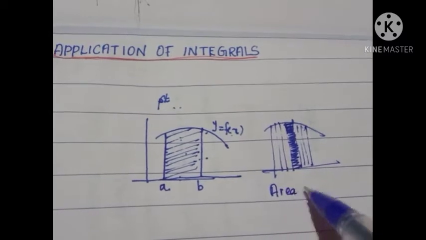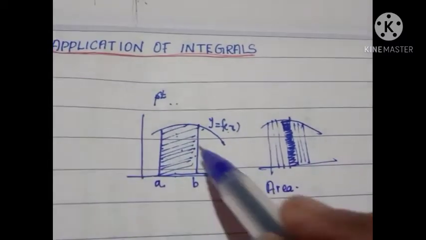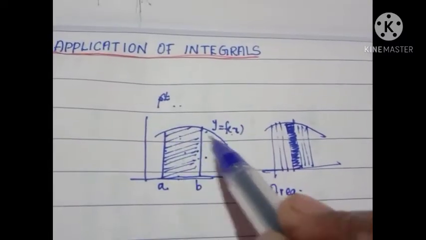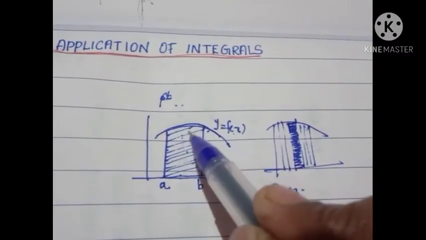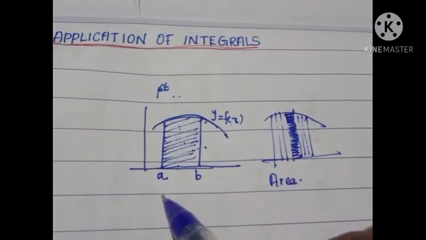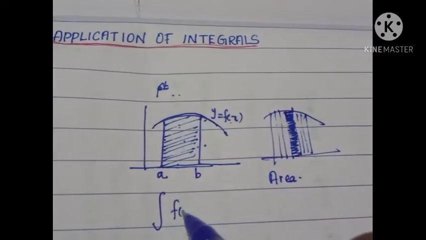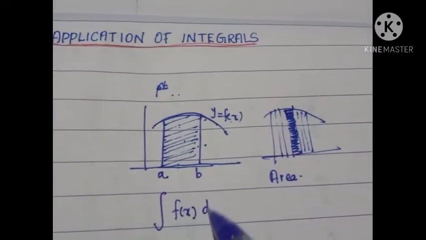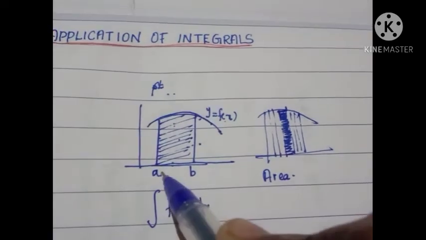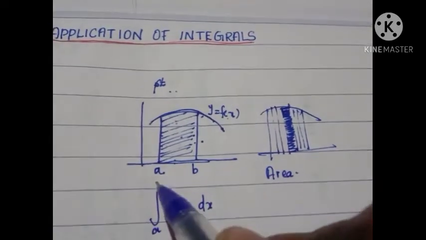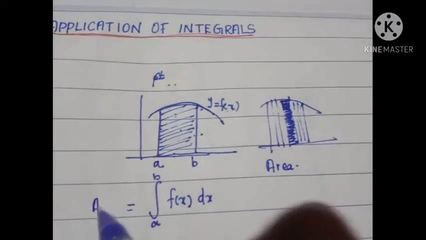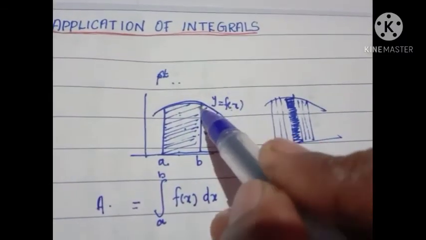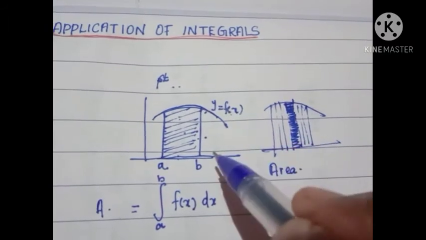In other words, the area under a simple curve is obtained by integrating the given function f of x with respect to x on the limits a to b. This integral gives the area of this curve.